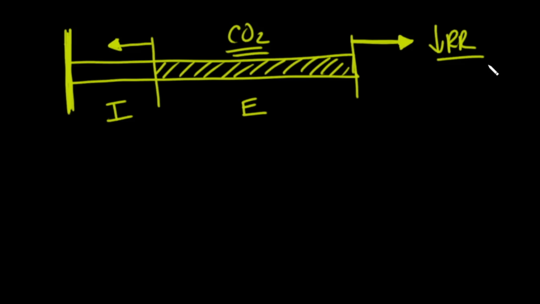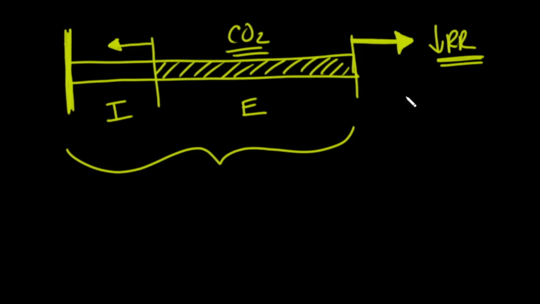Now, this may sound counterintuitive because we all know that the faster you breathe, the more you can get rid of carbon dioxide. That is up to a certain point, obviously, because the faster you breathe, the less time you have for exhalation. So by reducing the respiratory rate, you're going to allow more total time per respiratory cycle, and that is going to push this ending of exhalation out as far as possible.